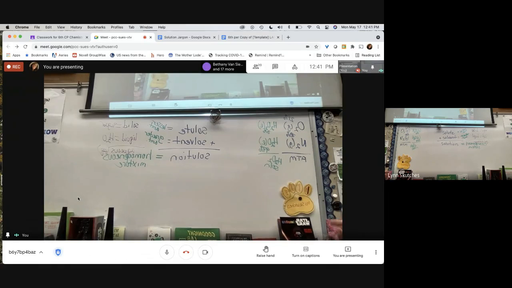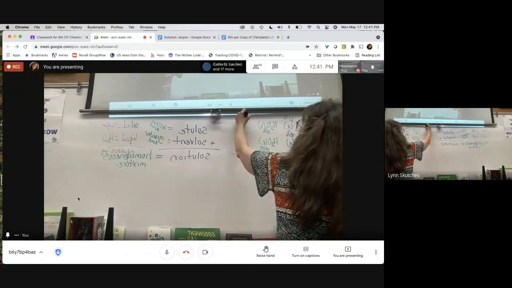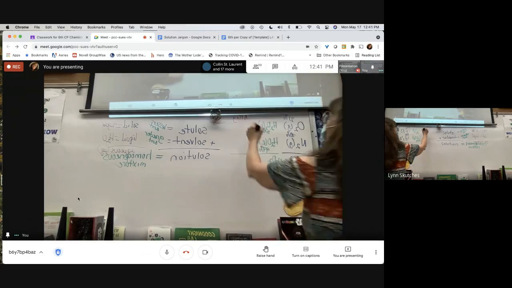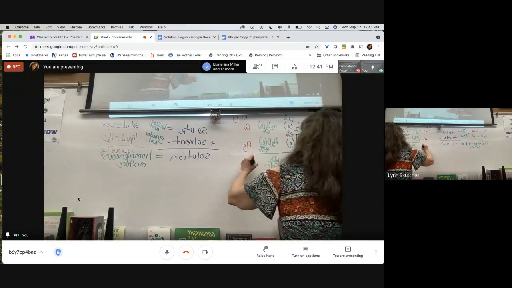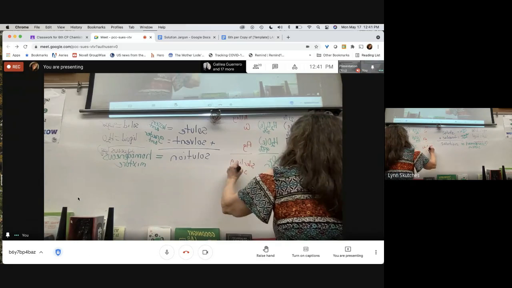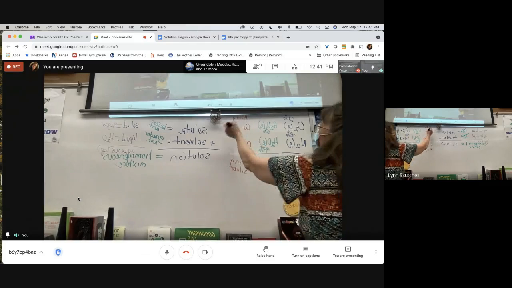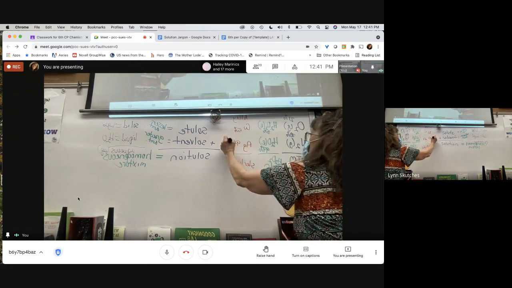And then finally, we can also even have a solution of solids, aka an alloy. For example, copper and silver together make sterling silver solution. Let's just say 5% copper and 95% silver.